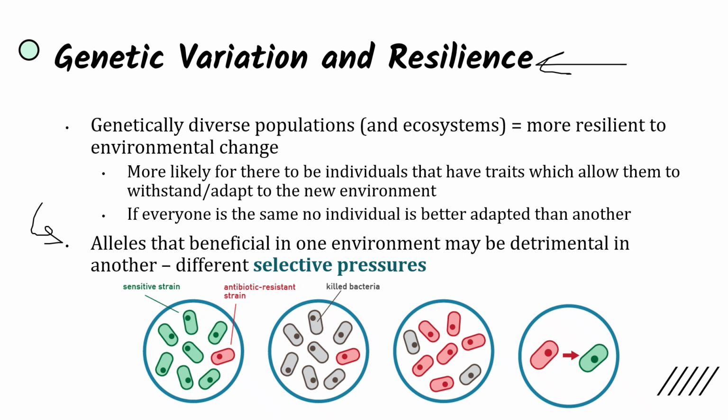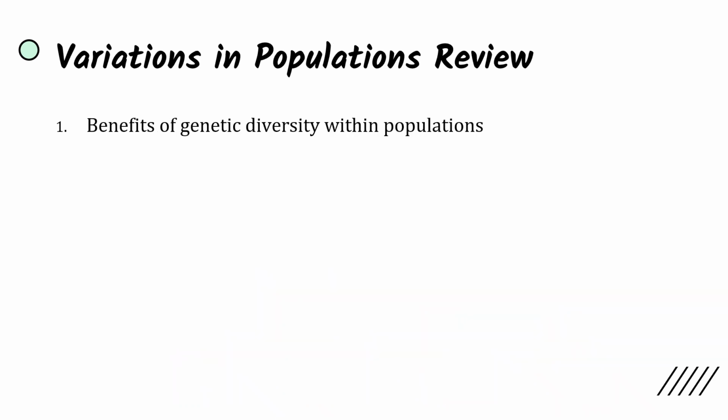And so even though a lot of the bacteria will die in the presence of antibiotics, this resistant strain will survive, will reproduce, and that will reflect the new population, and as a result, the population will survive and continue to grow.